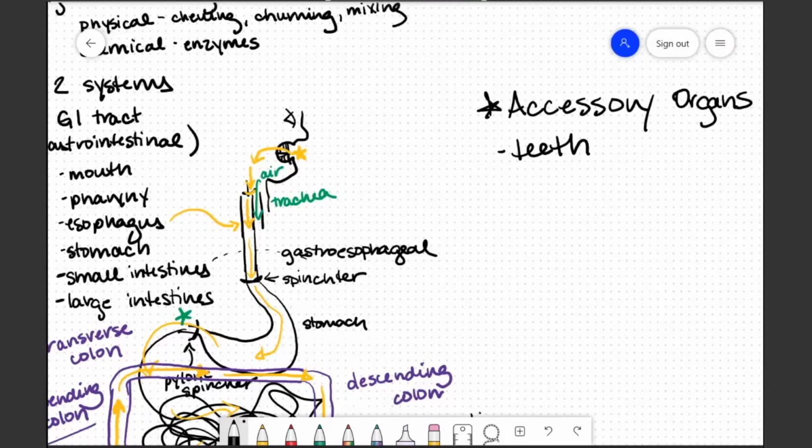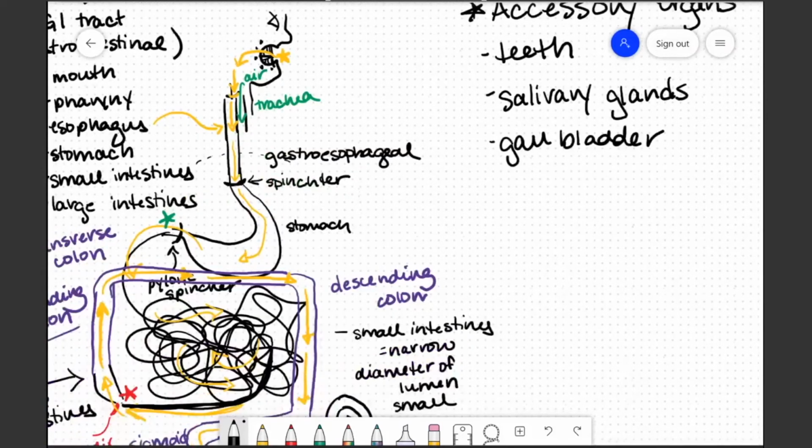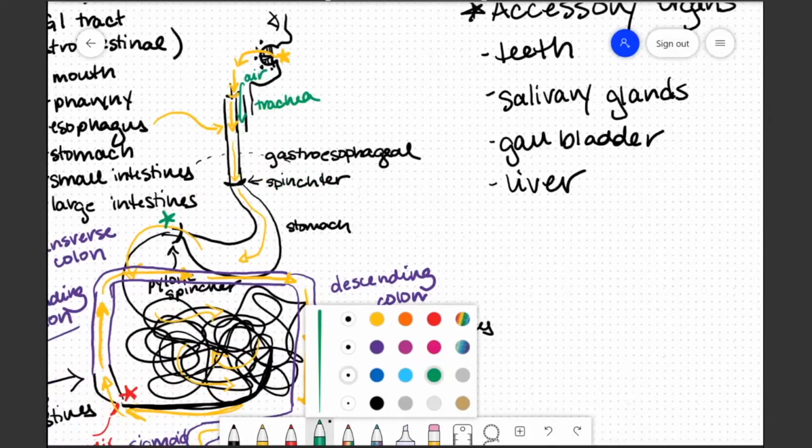Then you're also going to have salivary glands. Salivary glands are going to release the enzymes, and these live up here in your mouth. These are going to release enzymes that then are involved in the process of chemical digestion. Another organ you're going to have is the gallbladder. You're also going to have the liver. So these two structures, I'm going to draw it in green, sit on top, essentially, of your small and large intestines.